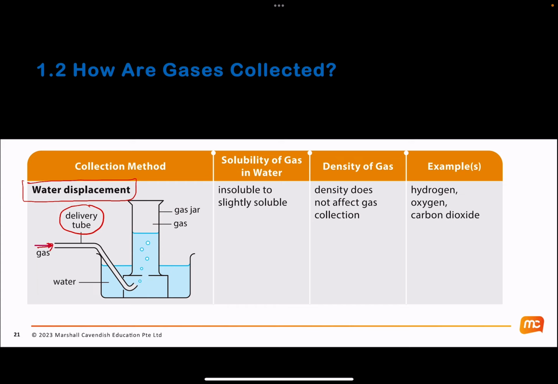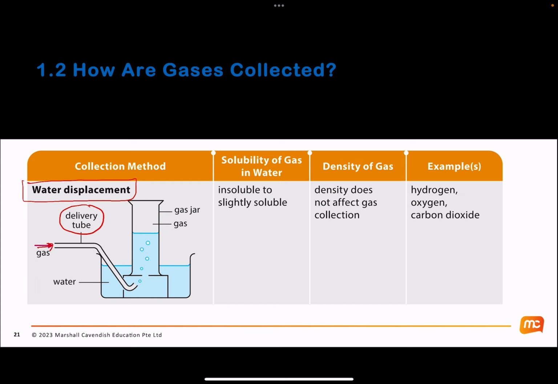Because the gas is insoluble in water, it cannot dissolve at all, so it will occupy a space in this jar that was originally filled with water, and slowly push the water down. So you will be able to collect the gas over here. If you allow all the water to be pushed out from the gas jar, the gas jar will be filled with just the gas.